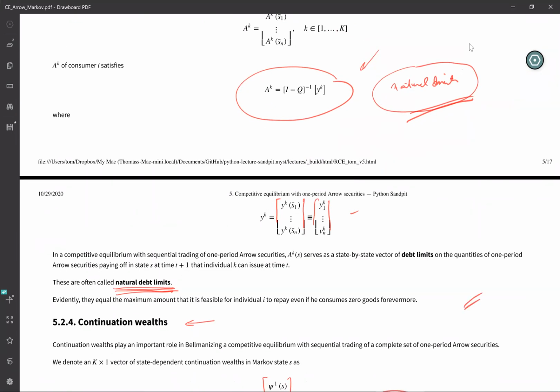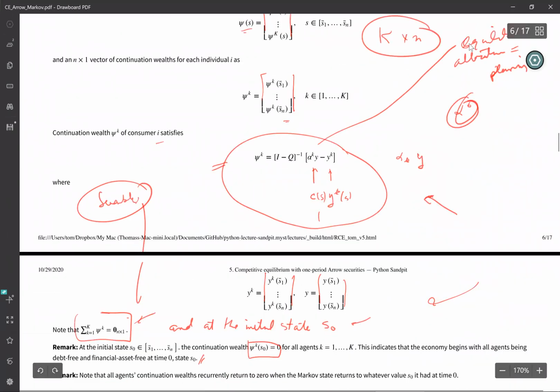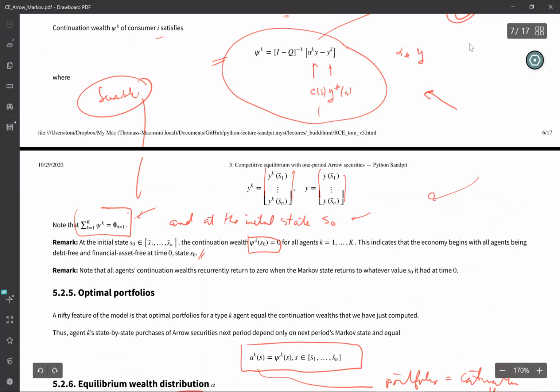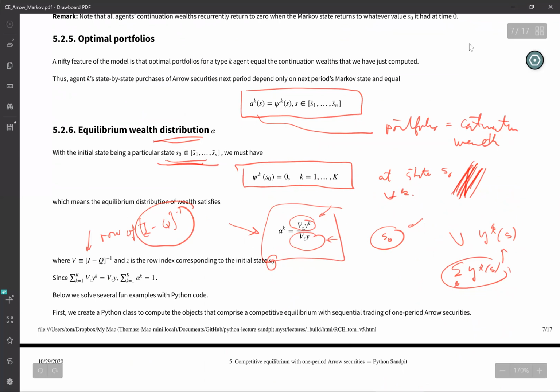So with everything that I've computed, I can put it together and verify that I have constructed a competitive equilibrium with sequential trading of one period Arrow securities. That's how all this stuff fits together. Okay.